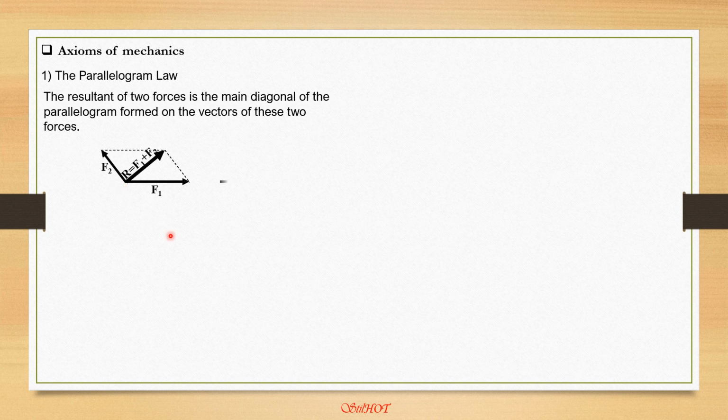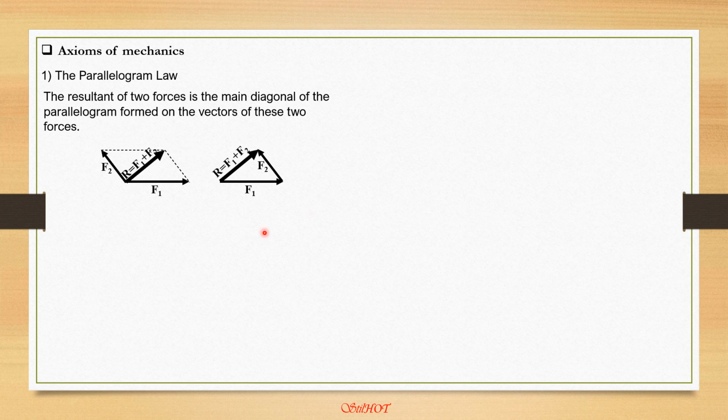Or you begin drawing F1, then connect from the tip of F1, F2, then the resultant is the vector that is drawn from the tail of F1 to the tip of F2. So which is the same. So that is F1 plus F2.